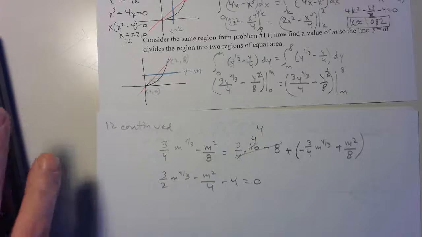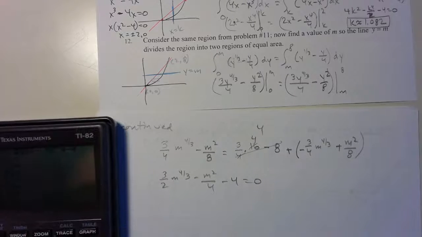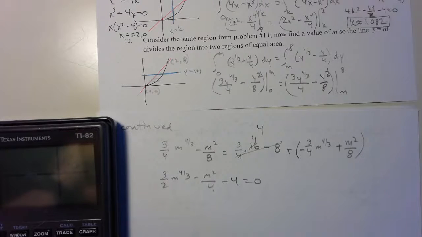Okay, graphing calculator time. Enter 3/2 x to the 4/3 minus x squared divided by 4 minus 4. Remember, if there's more than one answer, we only care about the one between 0 and 8. Oh, it looks like we have a nice answer there.